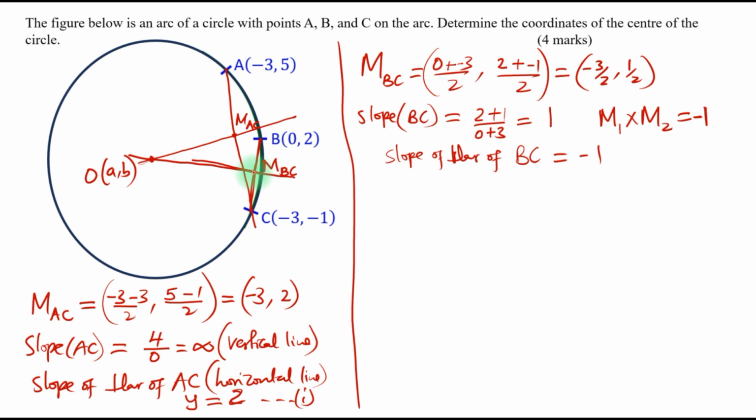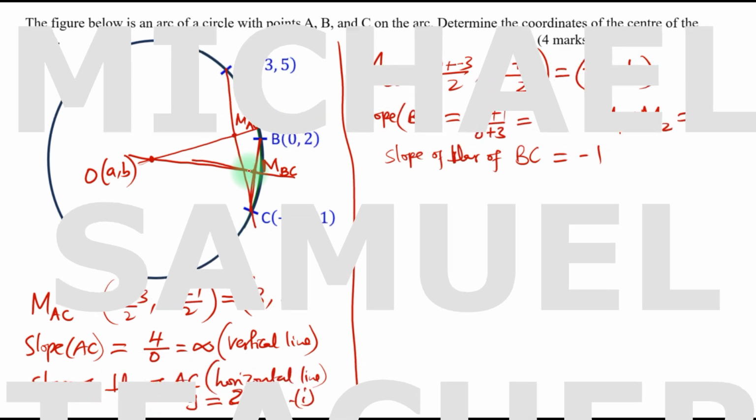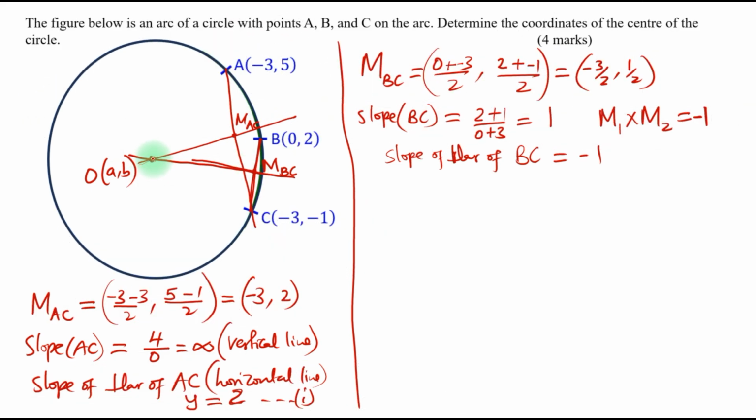So now we can take this point on the perpendicular bisector to form an equation. We take another point x, y to be on the line with this, and therefore we have this and another point x, y.